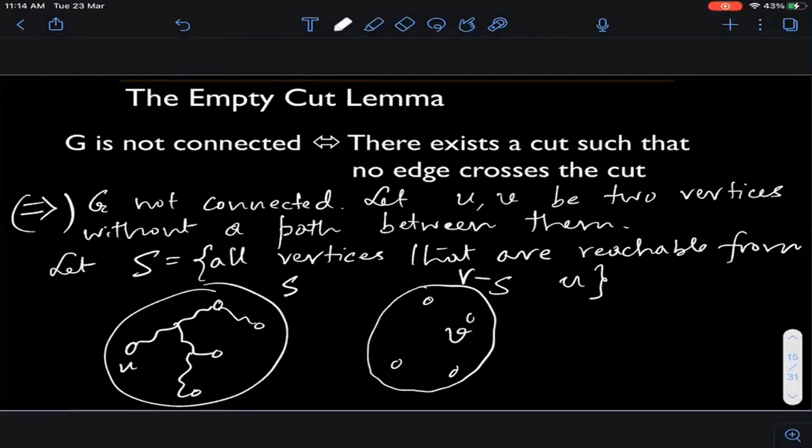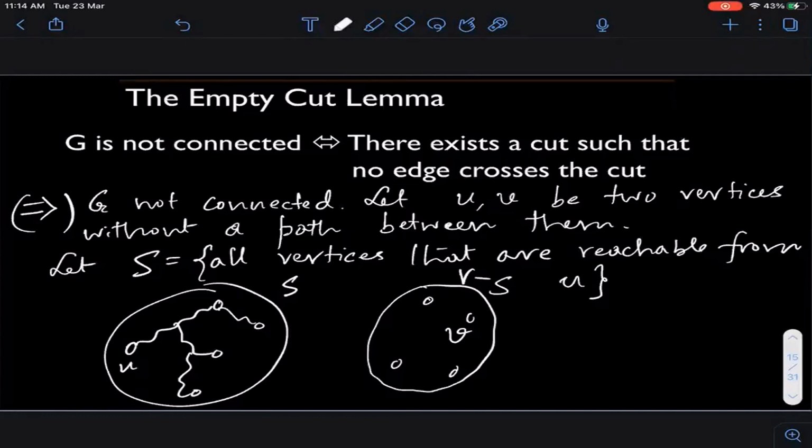So you have to keep asking yourself, where am I using this fact crucially? So here is where you are using this fact crucially. The very fact that the set V minus S is non-empty is a consequence of the fact that there is no path between U and V. We have selected such a pair, and such a pair actually exists by our starting assumption.